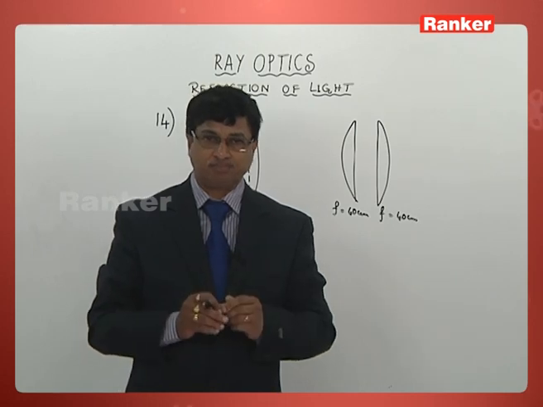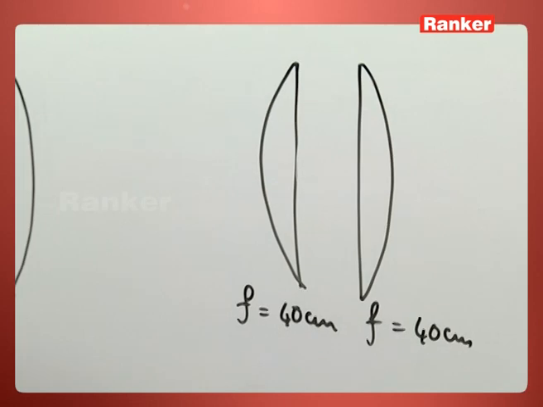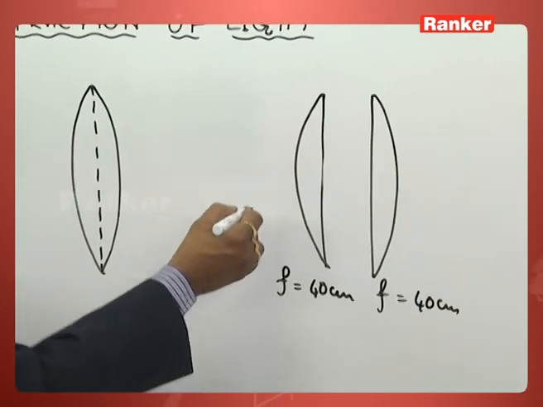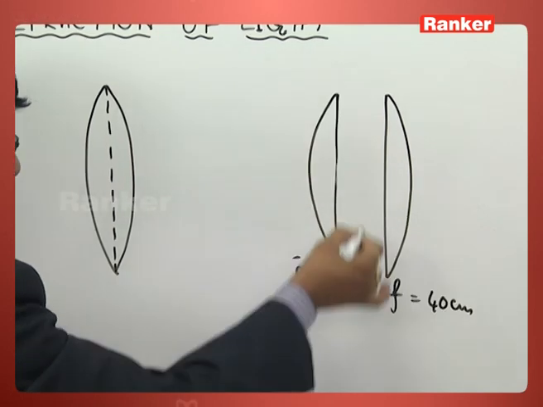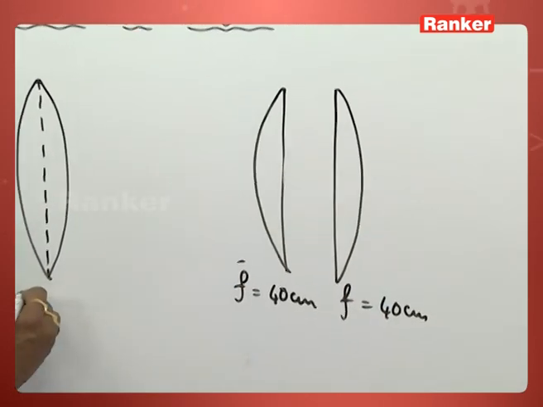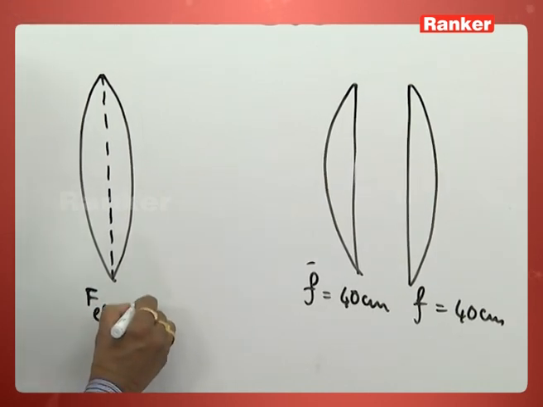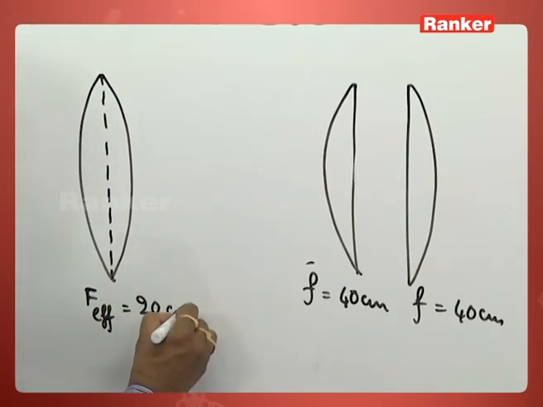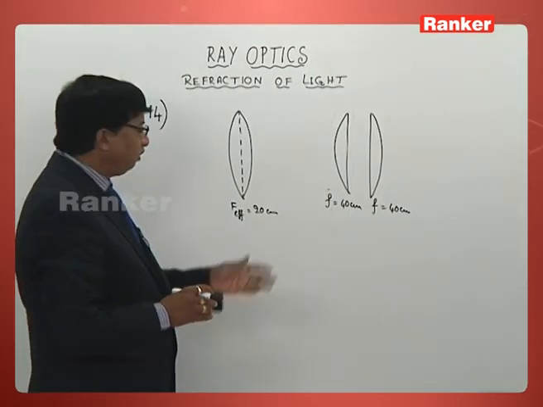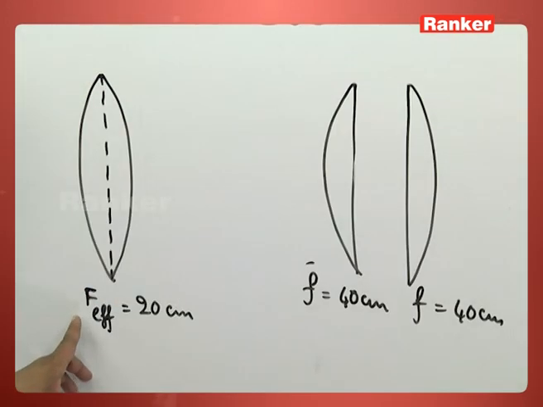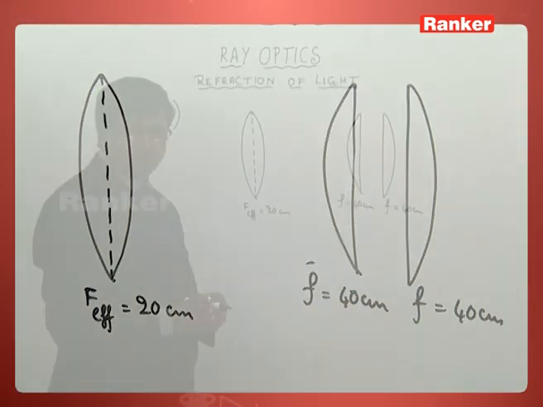We have to judge. Check this one. These two are now pressed this way. Then you can all understand well, when the focal length of this part is 40 and this part is 40, what will now be the effective focal length of this one? That now becomes 20 centimeter. How can you judge that? 1 by F effective is equal to 1 by F1 plus 1 by F2.